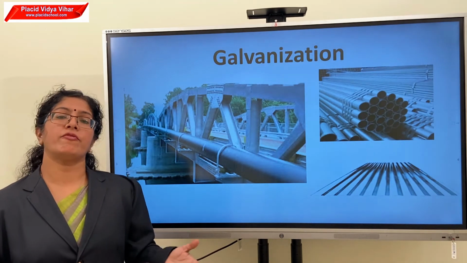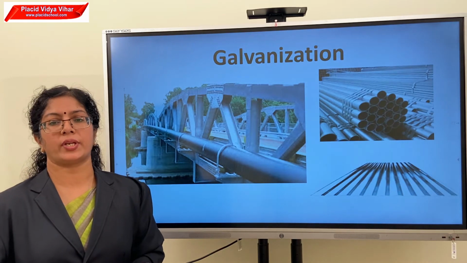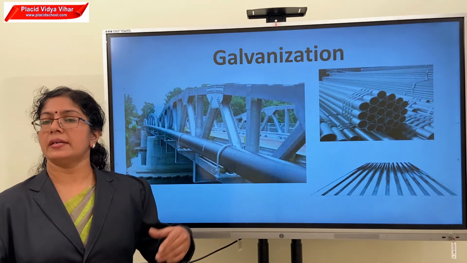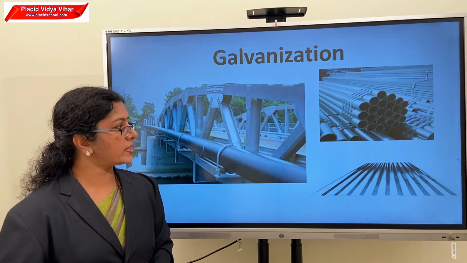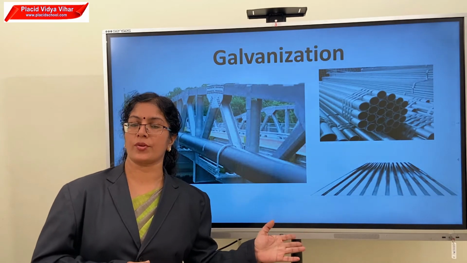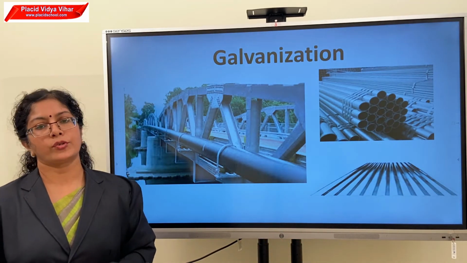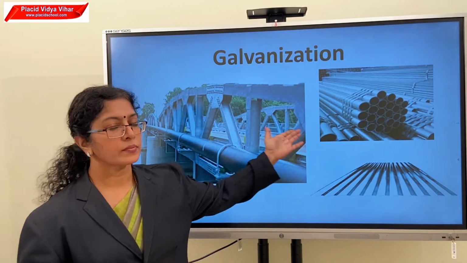So giving a coating of metals over iron is a method of protecting it from rusting. The metals used are chromium or zinc. When zinc is used for this purpose, the process is called galvanization. So the pipes that carry water to your homes are galvanized.